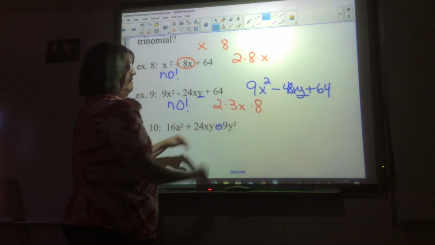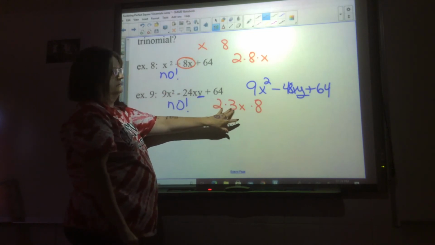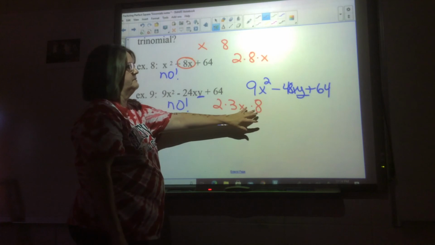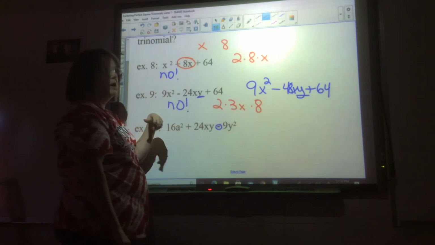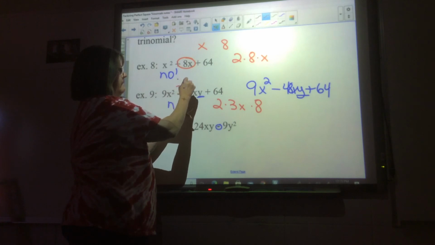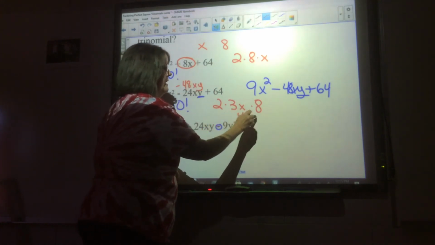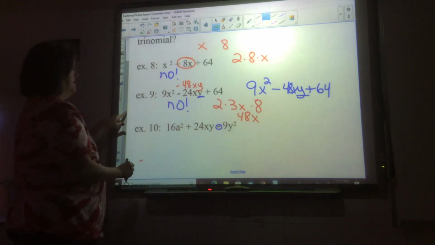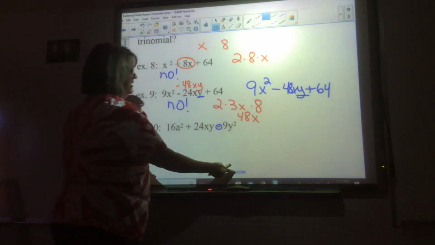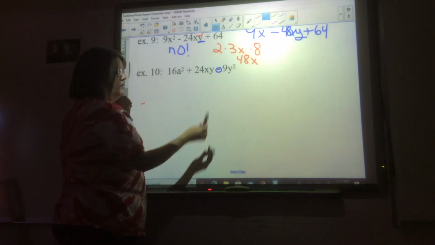And if I multiply that by 2, not even get that, but 6 times 8 is 48. That doesn't work either. But even if this were minus 48xy, it wouldn't work because I would need 48x. Okay. And this one's not a perfect square trinomial simply because the last term's a minus.